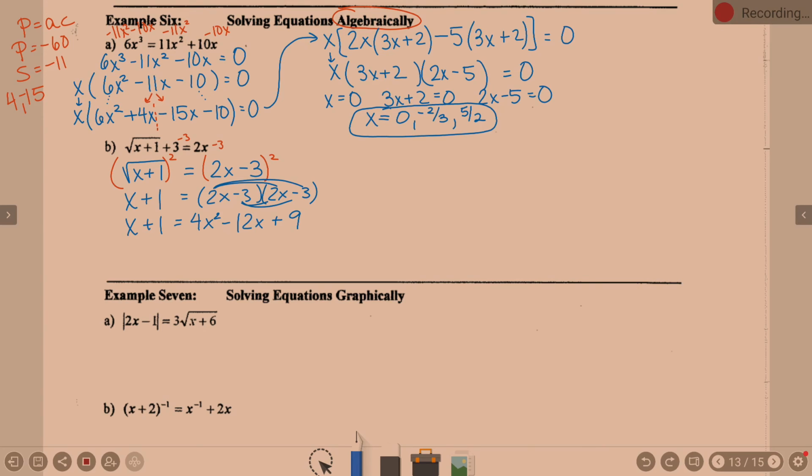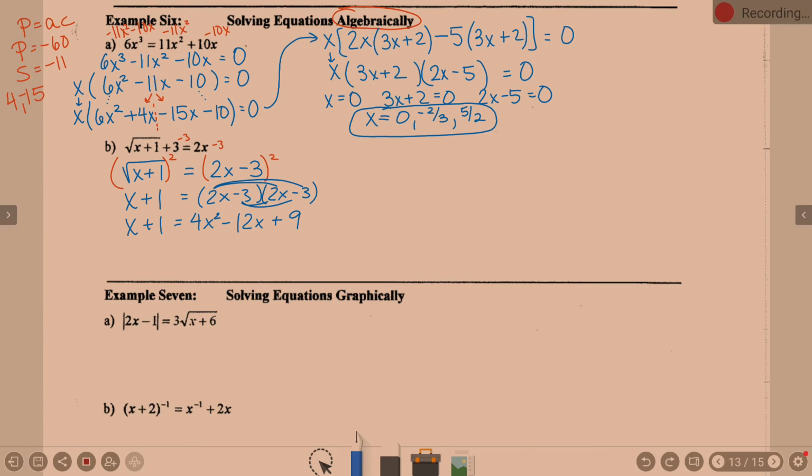Get it equal to 0. Can we get it equal to 0 and see what we can do with it? It's going to be a quadratic there, so we can look at our different options. I like to keep my x squared positive, so I want to keep 4x squared as positive.